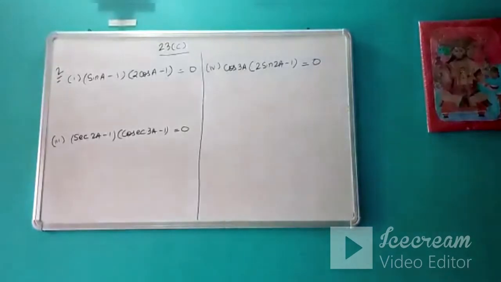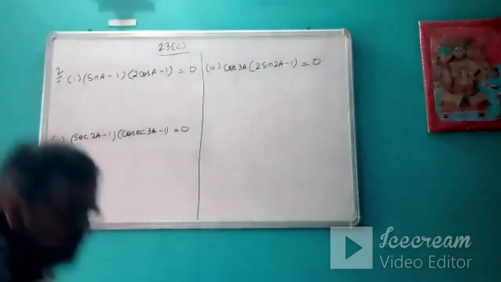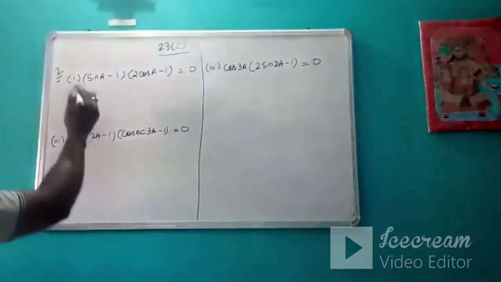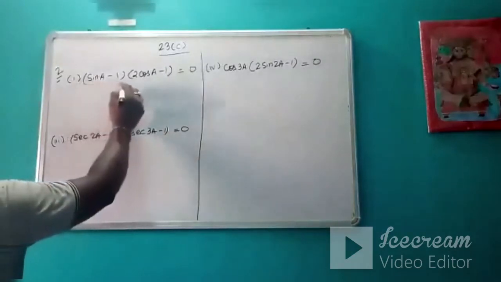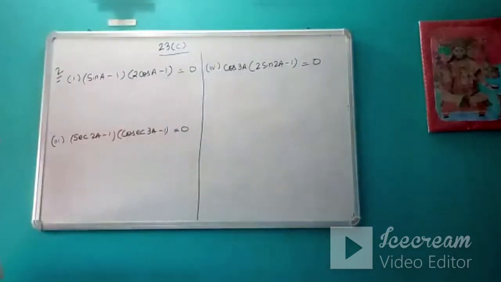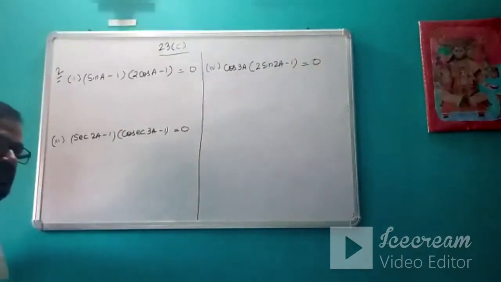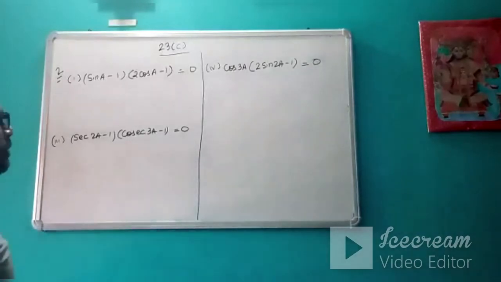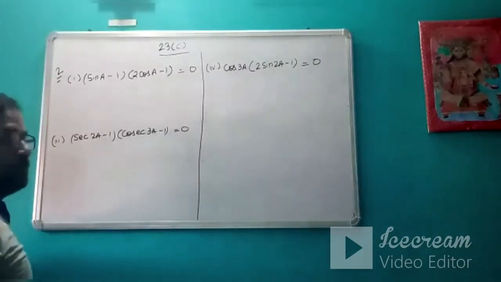Okay, let's discuss questions like this now. Here, (sin A minus 1) into (2 cos A minus 1) is equal to 0. What we know is that whenever the product of two numbers is equal to 0, either both numbers are equal to 0 or one of the numbers is equal to 0.